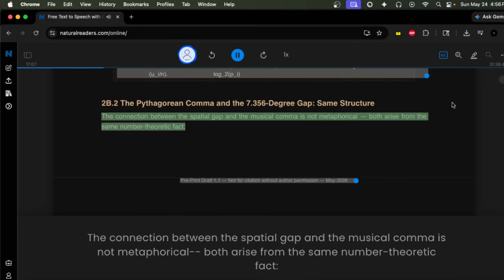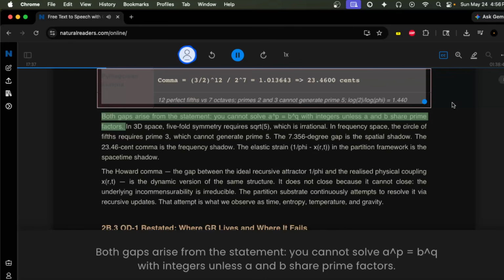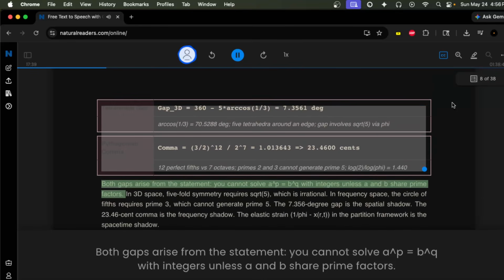Both gaps arise from the statement: you cannot solve a^p equals b^q with integers unless a and b share prime factors.